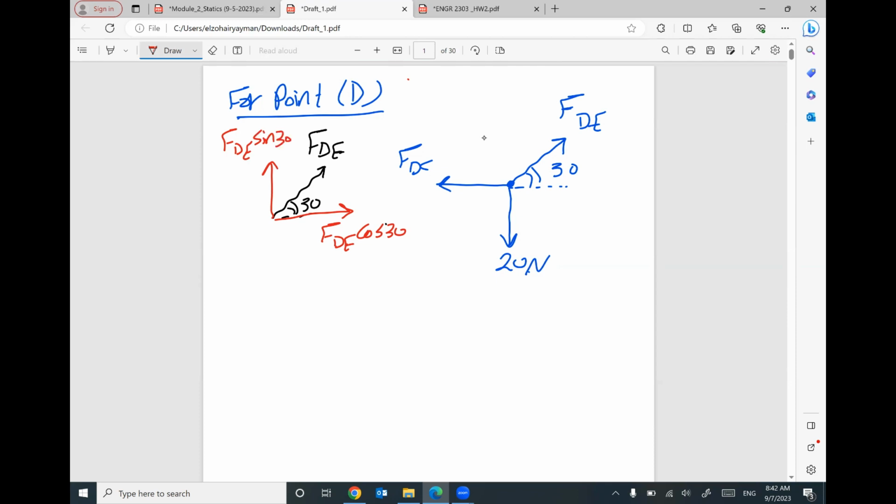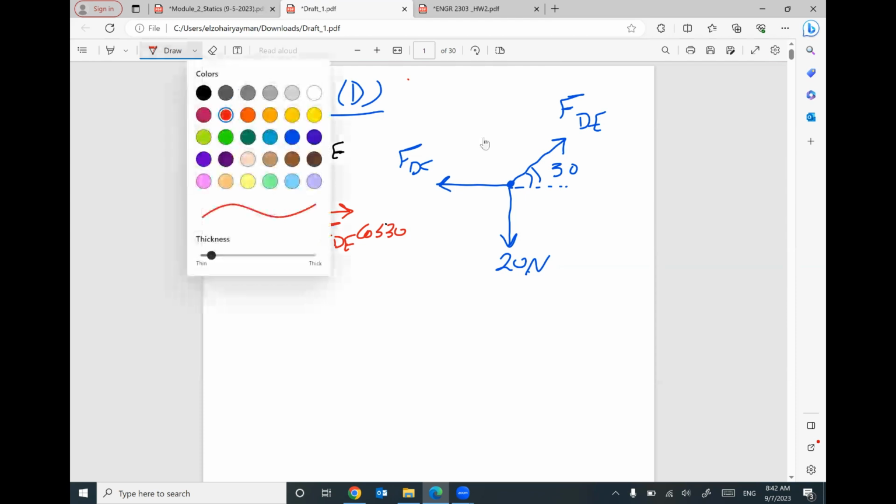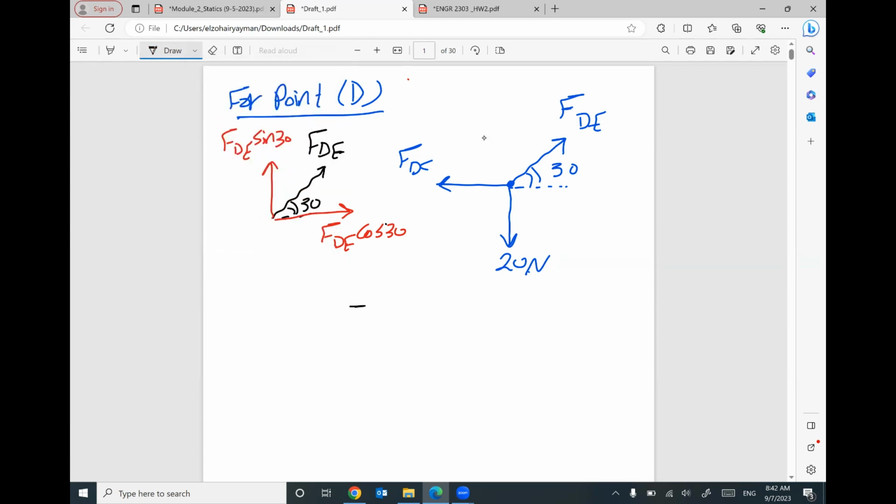This is the first force. Second force, we have FDC. We don't have a Y component, it's only X. We have another force, 20 in Y. We don't have X.